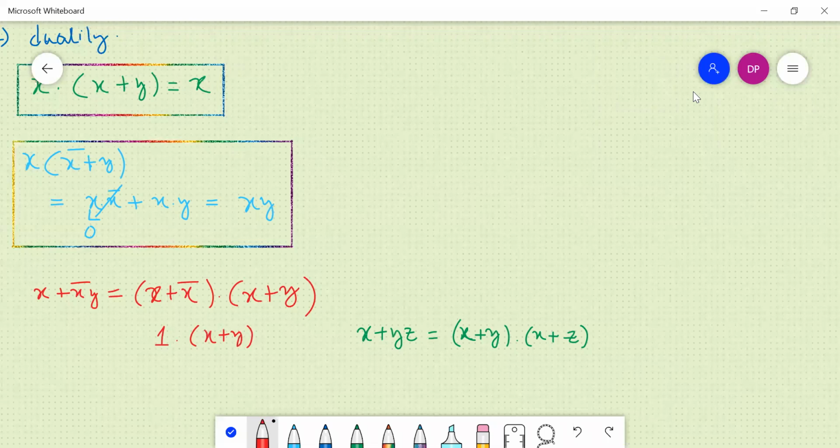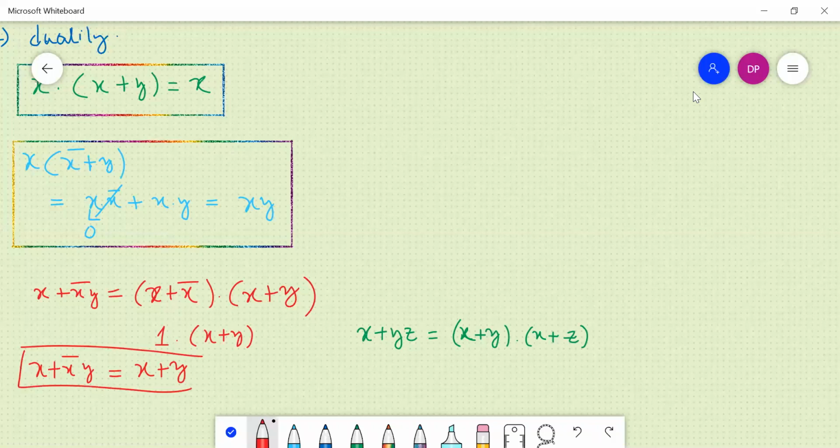So what will be the answer? x plus x complement y is equal to x plus y. Directly we will be using this: a plus a bar b is equal to a plus b, and b plus b bar c is equal to b plus c.